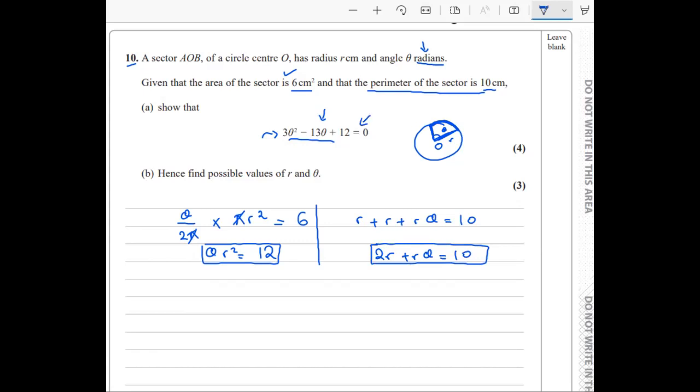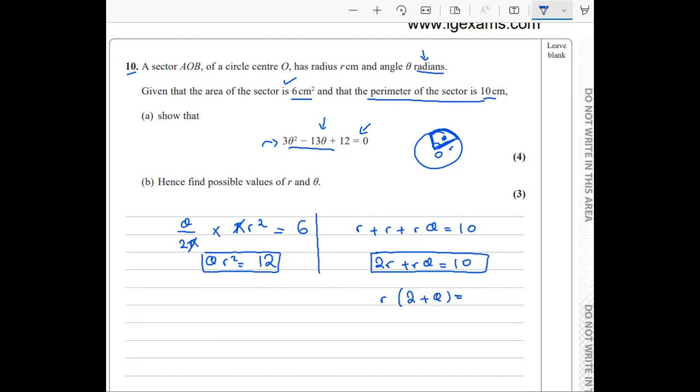So if I try solving these two equations simultaneously, what I can do is I can just make r the subject. So I am going to get r times (2 plus theta) equals 10, and r is 10 divided by 2 plus theta. Okay, this is r.